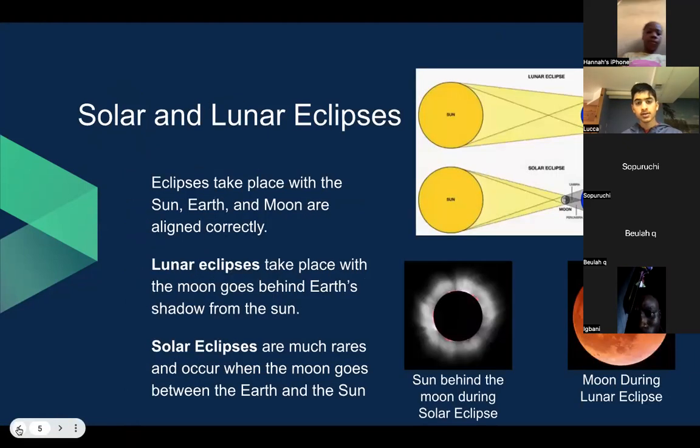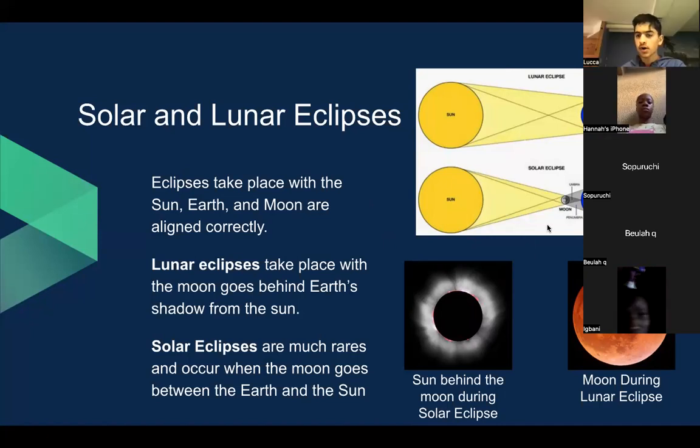Okay, so back to lunar eclipses. Lunar eclipses don't always happen on Earth, and they can happen on any planet that you're observing from. But it happens on Earth that the sun is about 400 times farther away than the moon, but it's also 400 times bigger, which means that in the sky, the sun and the moon are approximately the same size.